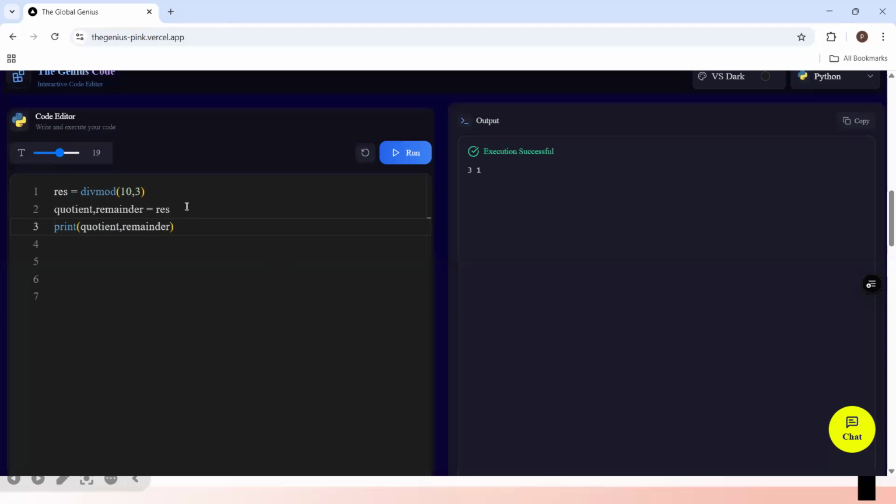So let's say I print the remainder of 10 modulus 3. It is the percentage symbol that you use for the modulus operator. When you print this, you're going to get the remainder, which is 1. So 10 divided by 3 will give you 1 as the remainder.